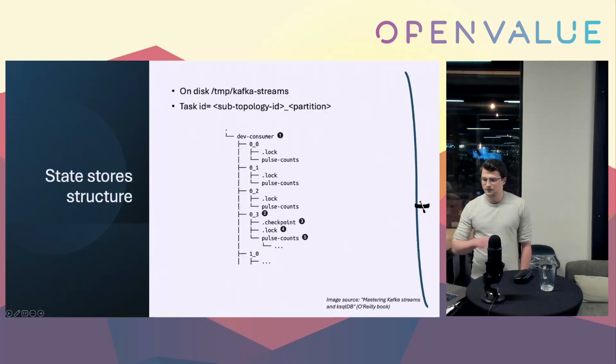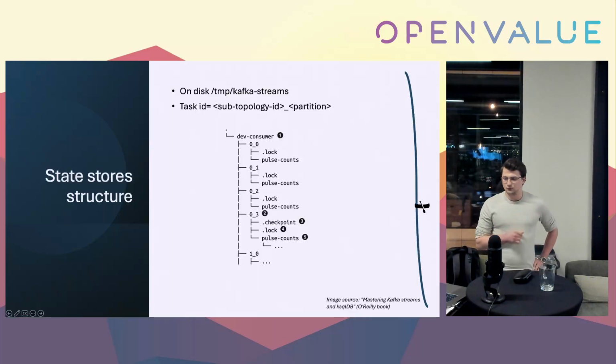Sorry guys. So yeah, how is this stored on disk? Everything in here is stored on the disk itself of the application, in a certain folder called a temp folder with Kafka streams in it, and each task has its own folder in that folder.